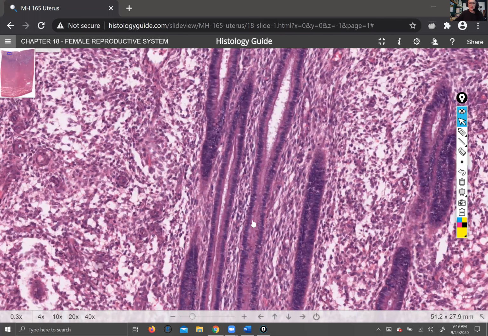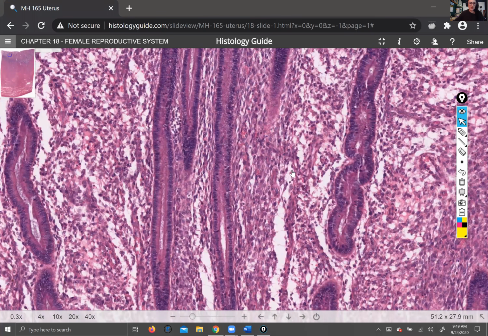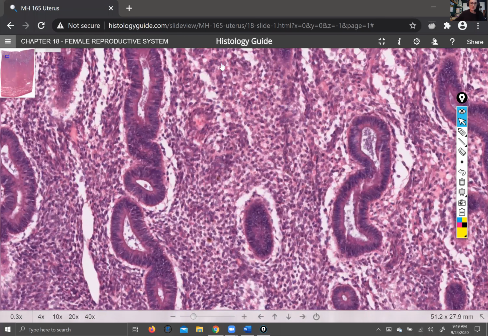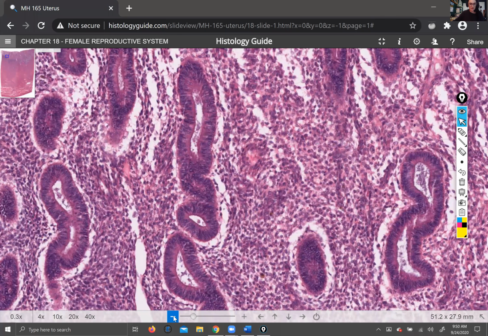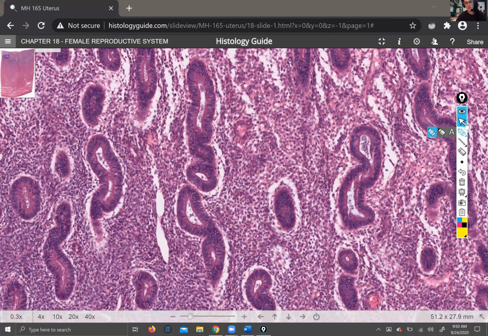So as we go deeper, you can see all of these endometrial glands are just infoldings of the mucosa, such that we've got these very obvious characteristic endometrial glands. They tend to be sort of bunched up. So you see this one is straight and then it kind of gets all bunchy towards the bottom.